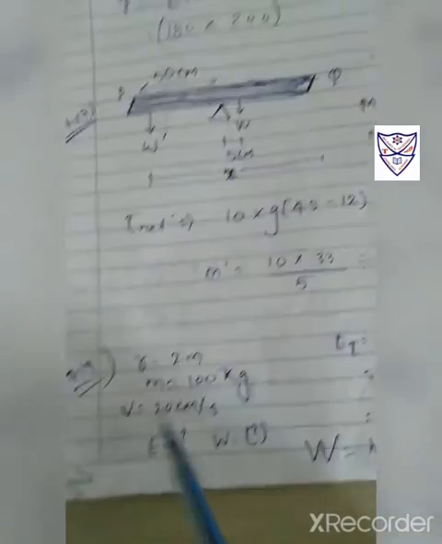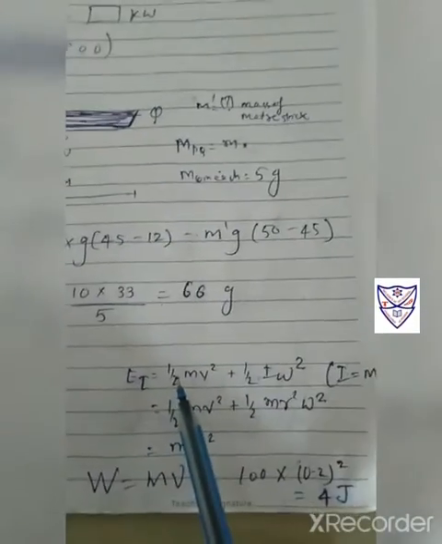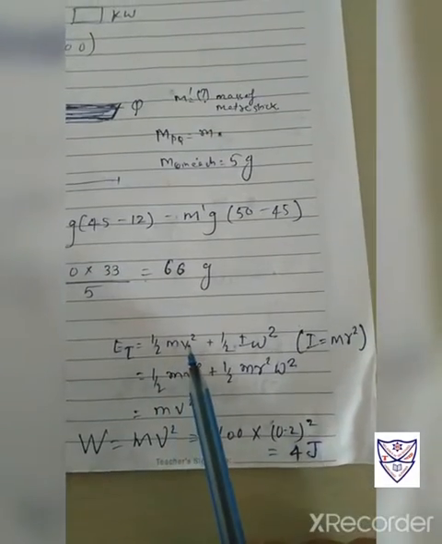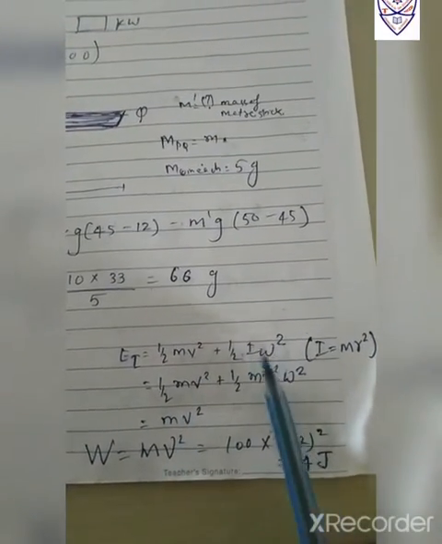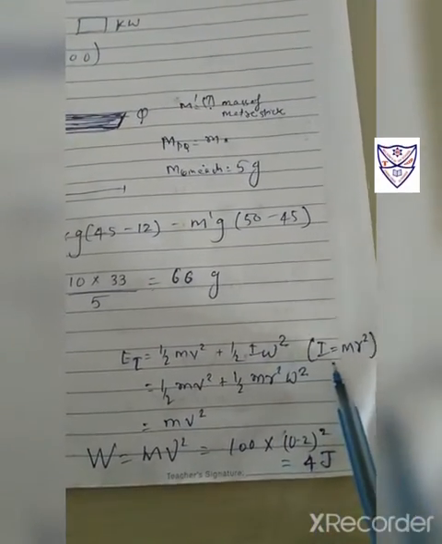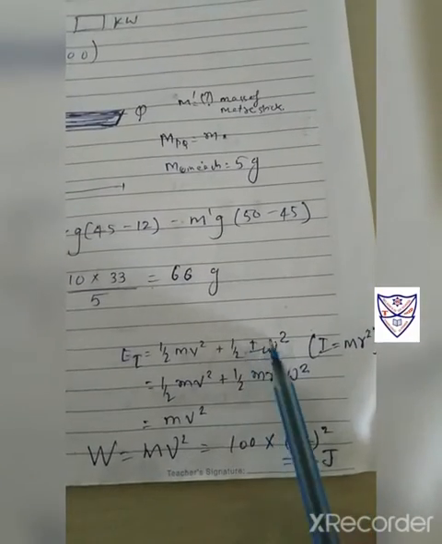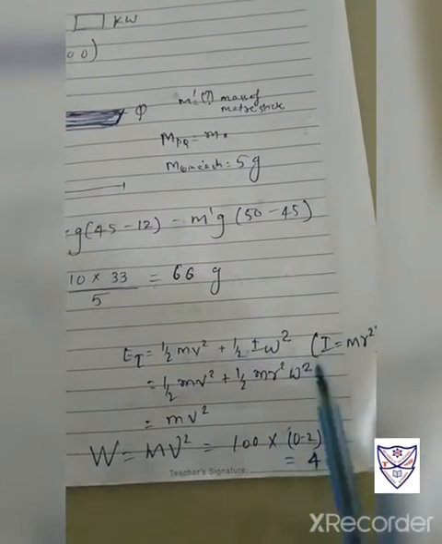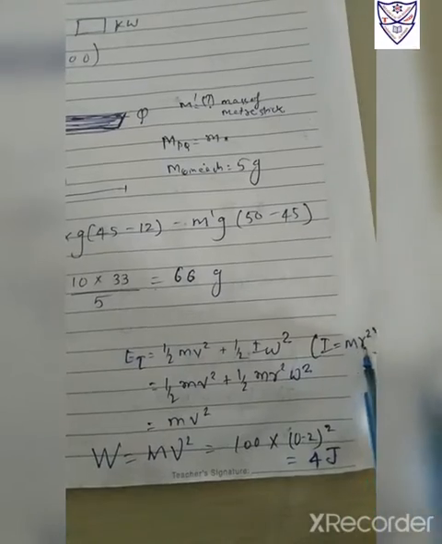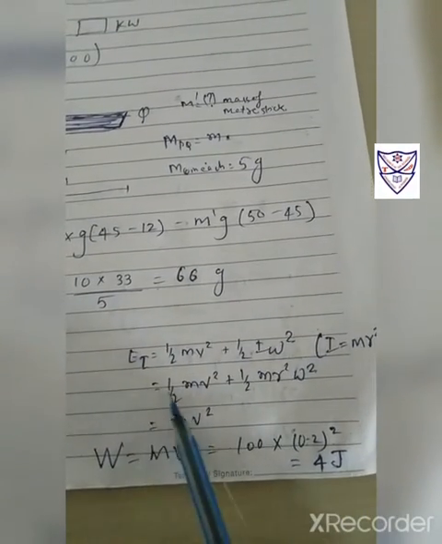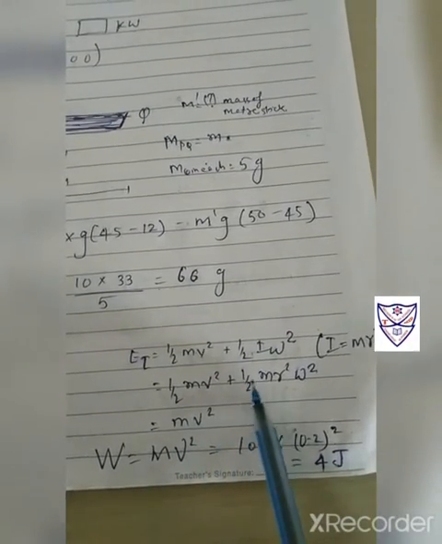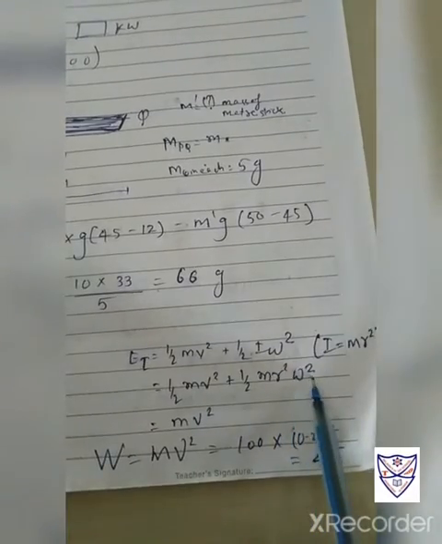and V is provided. So energy first I can write in the given condition is half mv square plus half I omega square, where I is equal to mr square. So I can write my E is equal to half mv square plus half mr square omega square.